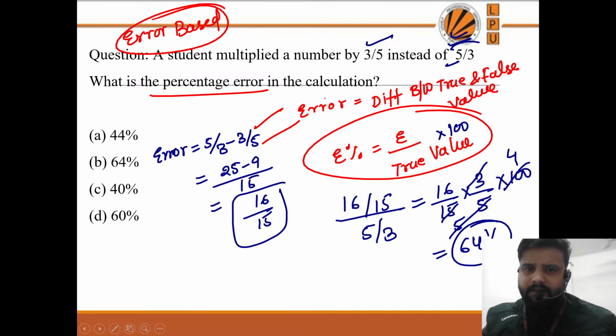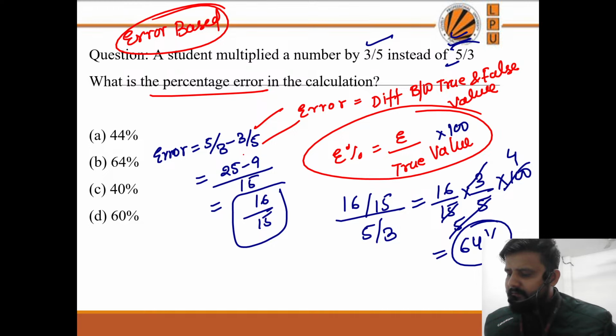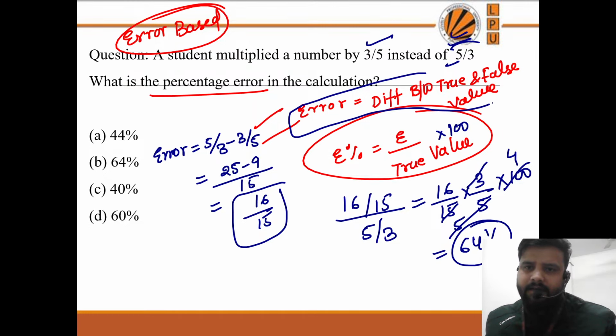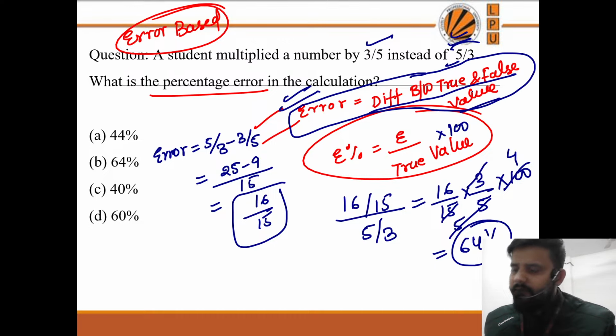Wait, Sumit. What I wrote here, what is error? First of all, Dhatri read it. It is difference between true and false value. You are saying 5 by 6 minus 6 by 5. 5 by 6, when you subtract 6 by 5 from it, it will give you negative value always.